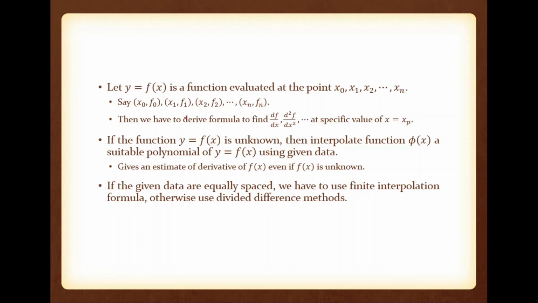Then we can find df by dx, d square f by dx square, etc. at the specified value of x equal to xp. If we know the data of y equal to f of x, then we can easily find this df by dx, d square f by dx square, etc. at the specified value x equal to xp.